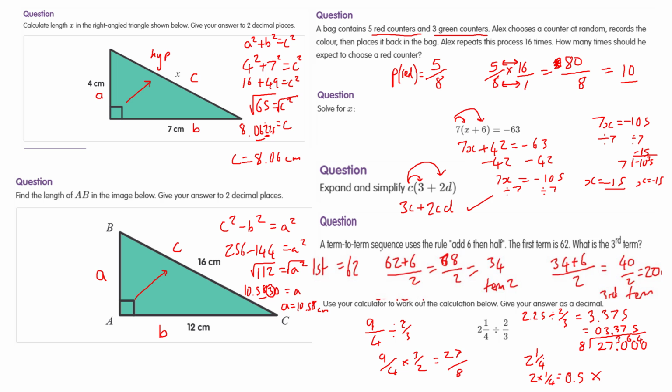So if you're doing this on a calculator, turn that into a top heavy fraction so that mistake doesn't happen again. So like 9/4 divided by 2/3, and if you do that on your calculator, it will give you 27/8, and as a decimal it's 3.375. So don't worry you got that wrong.